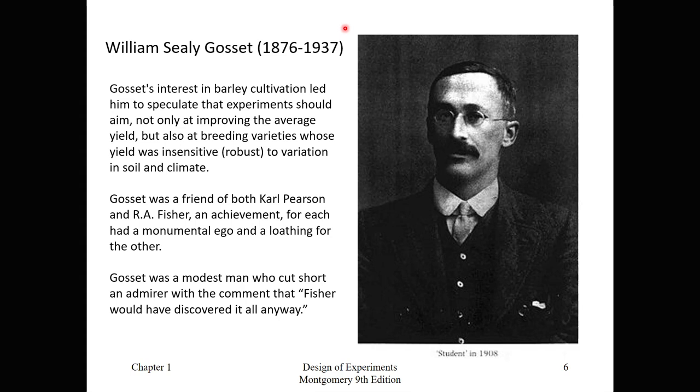So he ended up publishing his results in secret. He sent letters to the statistics journals at the time, and published signed as a student of statistics, and introduced his t-distribution. That story is where the name Student's t-distribution comes from: William Gossett was the student in Student's t-distribution.